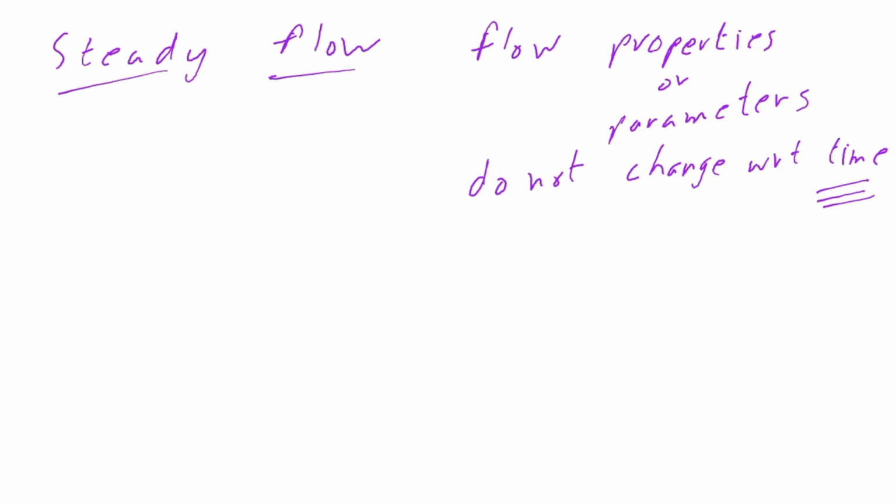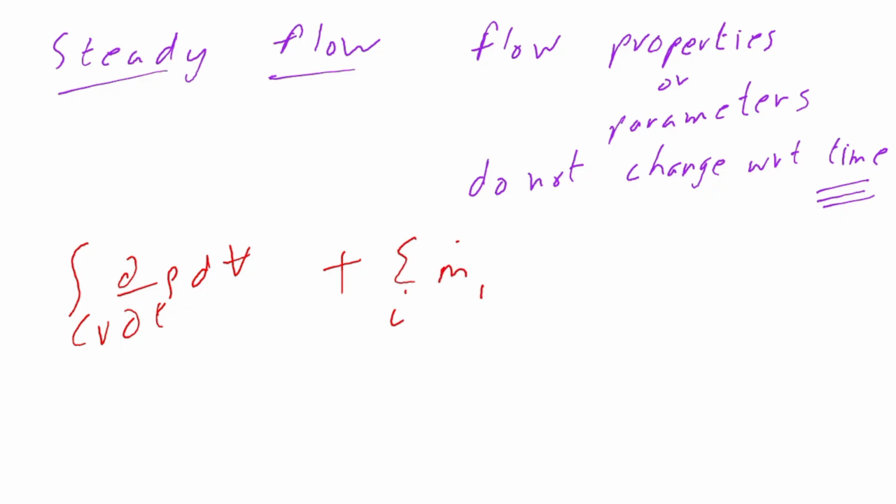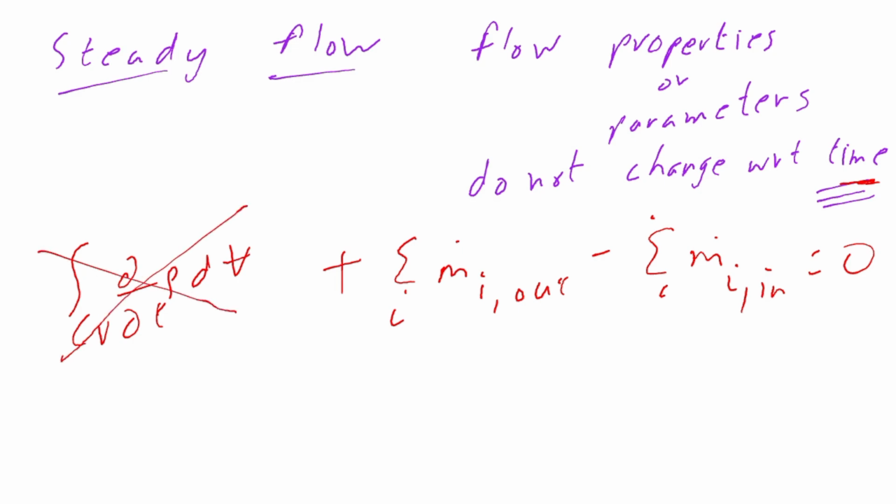Okay, so you have this expression of CV d/dt rho dV plus summation of mass flux out minus mass flux in is equal to 0, right? But now you're saying that it's a steady flow and nothing is changing with time, so there is not going to be any time dependency, right?